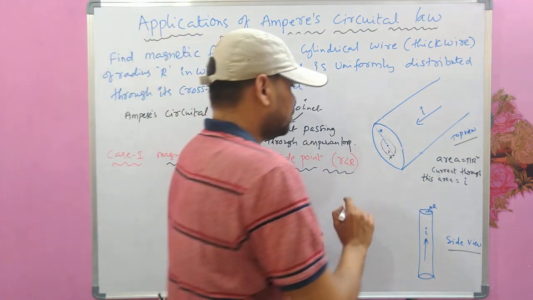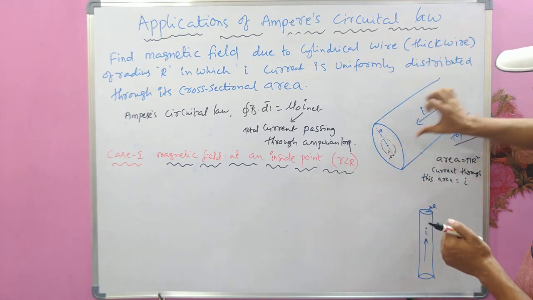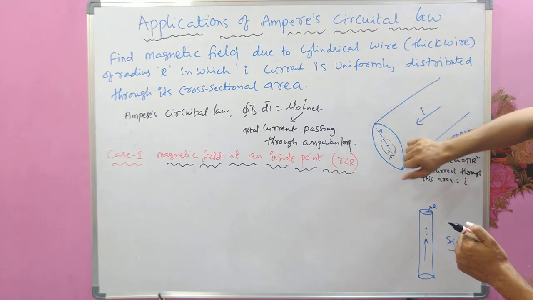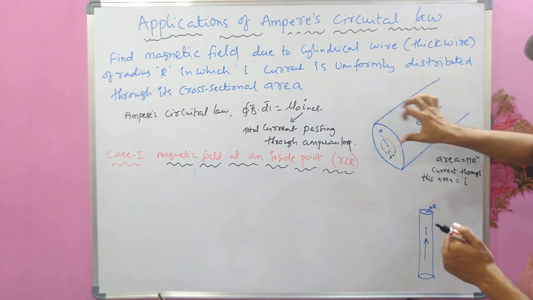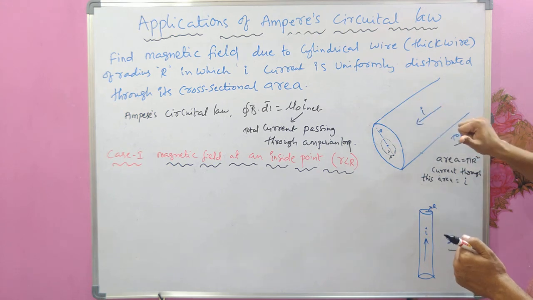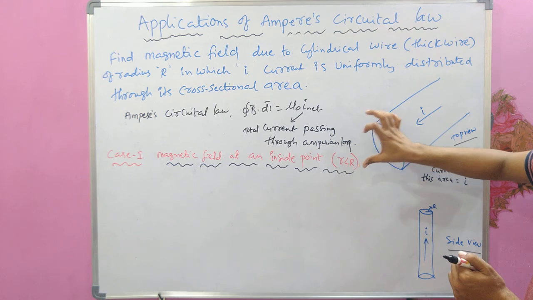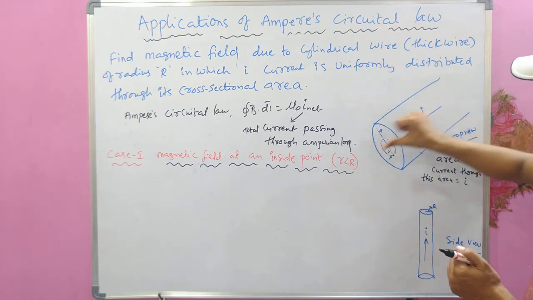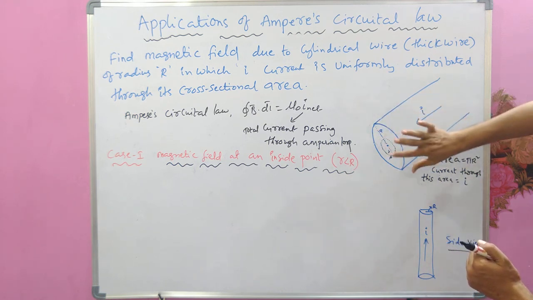Okay, so the path of this Amperian loop is chosen in such a way that the magnetic field is along the path of that loop. So how do we decide the direction of the magnetic field? With the help of the current direction. The current is passing in this way, the thumb represents that, and your four fingers represent the magnetic field.